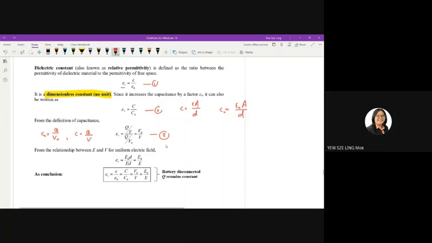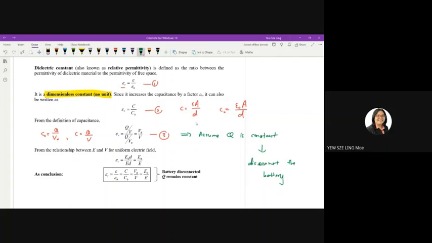Now, in order to obtain equation number 3, there is a condition: we assume Q is constant. How do we assume Q is constant? By disconnecting the battery.